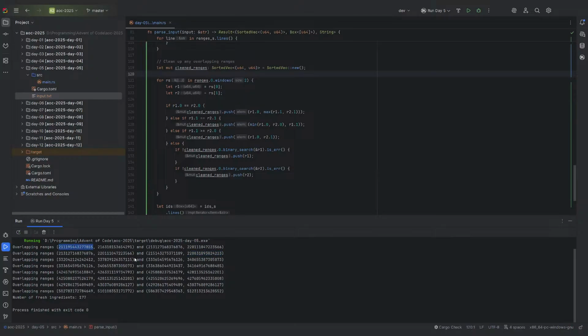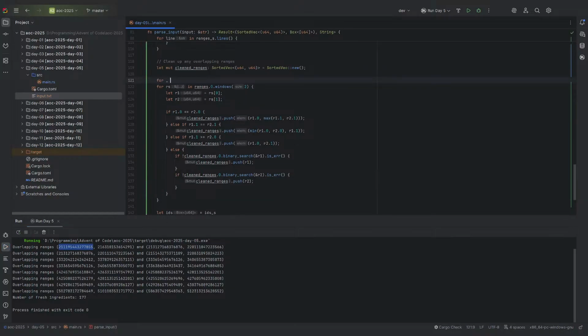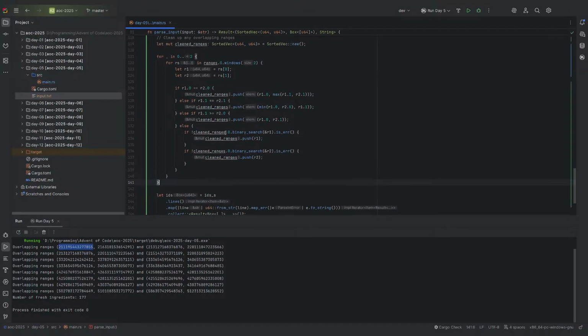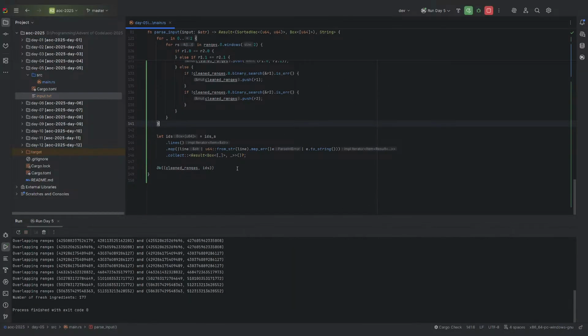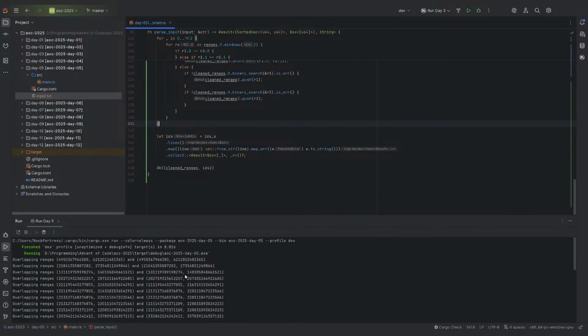It's doing weird things. Somehow the cleanup's producing more overlapping ranges. That's bad. Question is why?